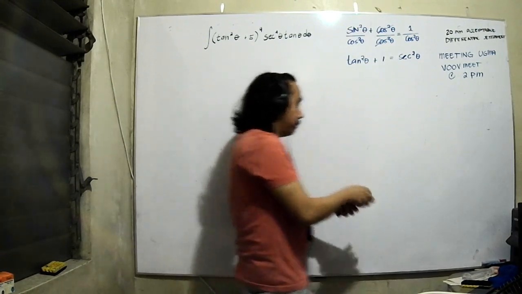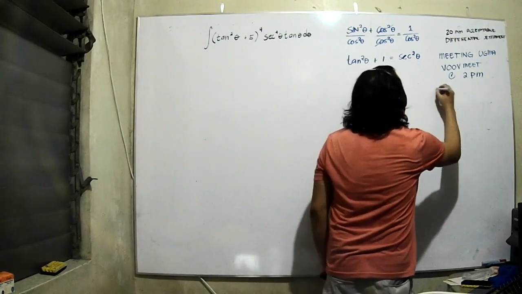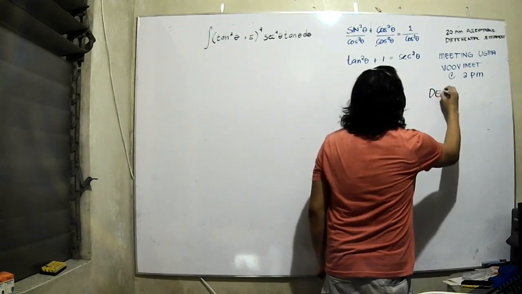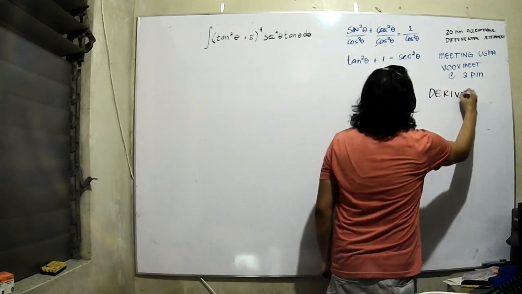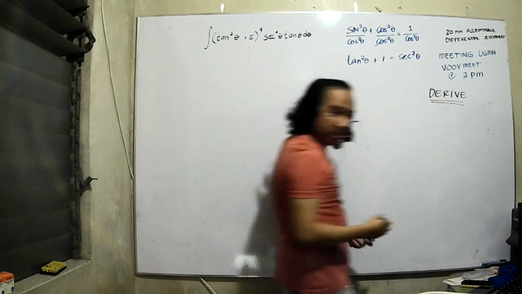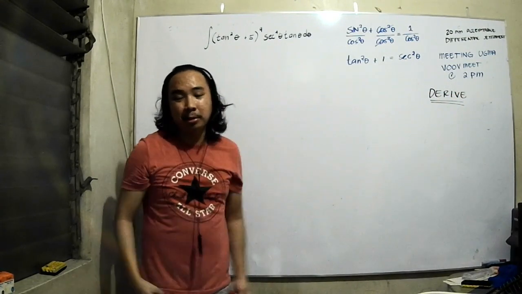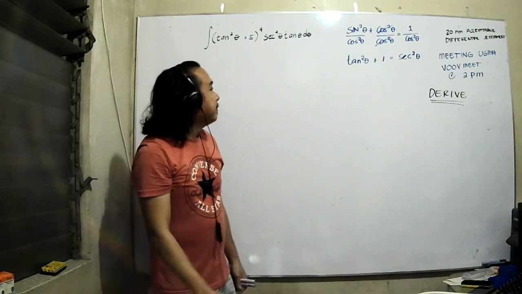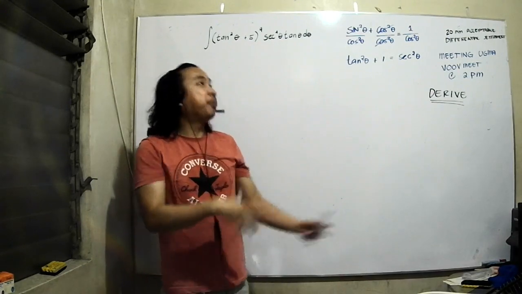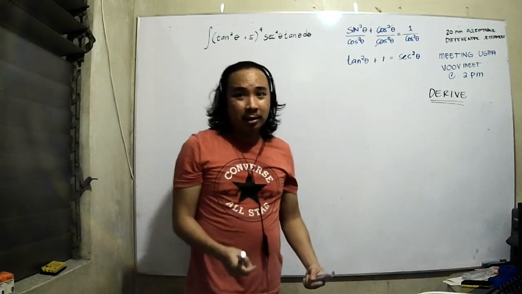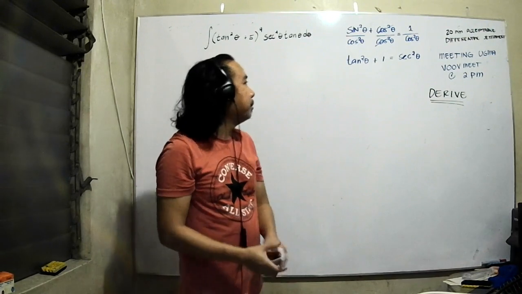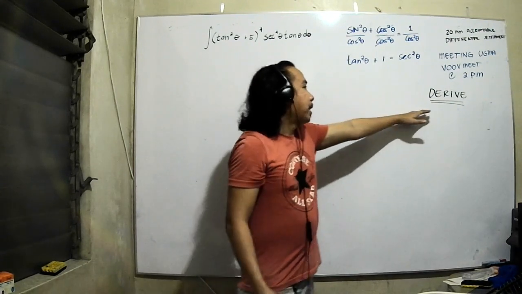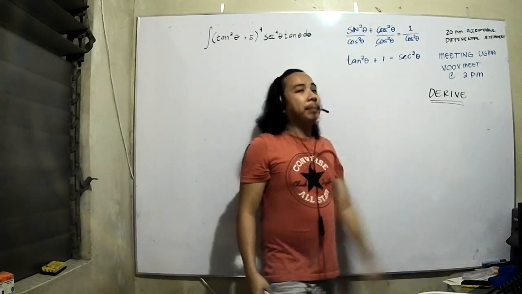When you say derive, the word derive means to get a formula. You make formulas out of nothing, or make formulas out of other formulas. You learn from deriving, and it's better than memorizing.